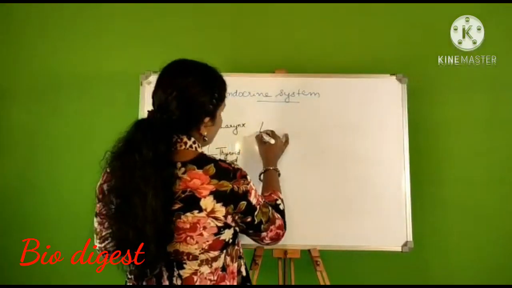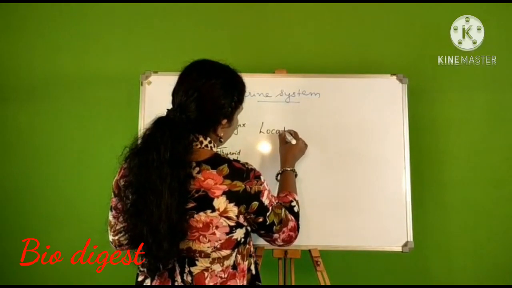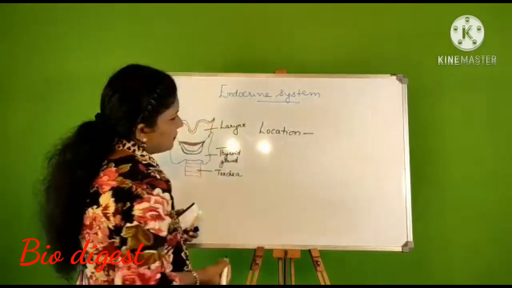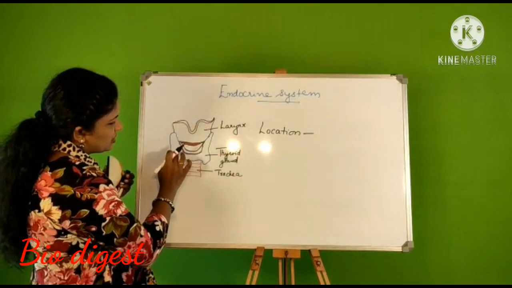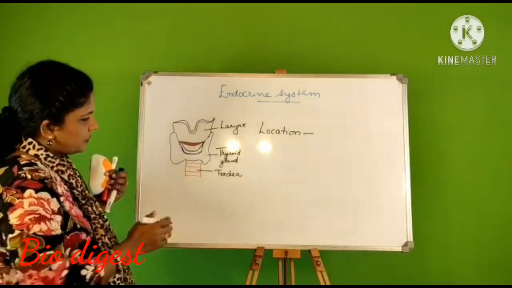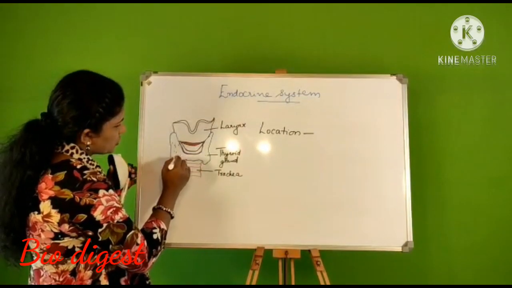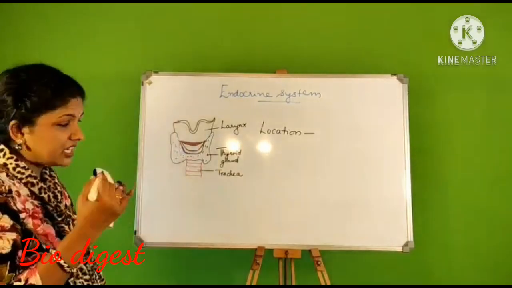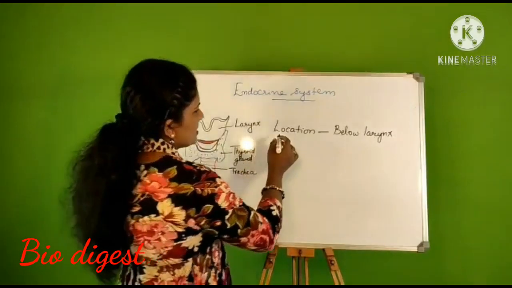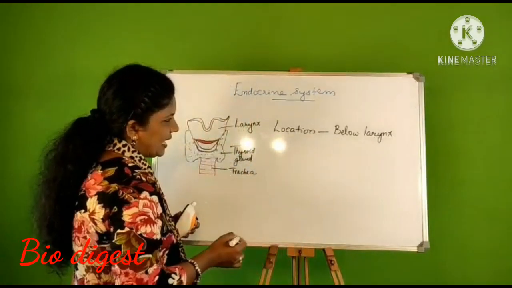Location, as I told you in the previous videos, is very important. It is actually a butterfly shaped structure, you can see here. This is what I am showing in dots. Where is the location of the thyroid gland?